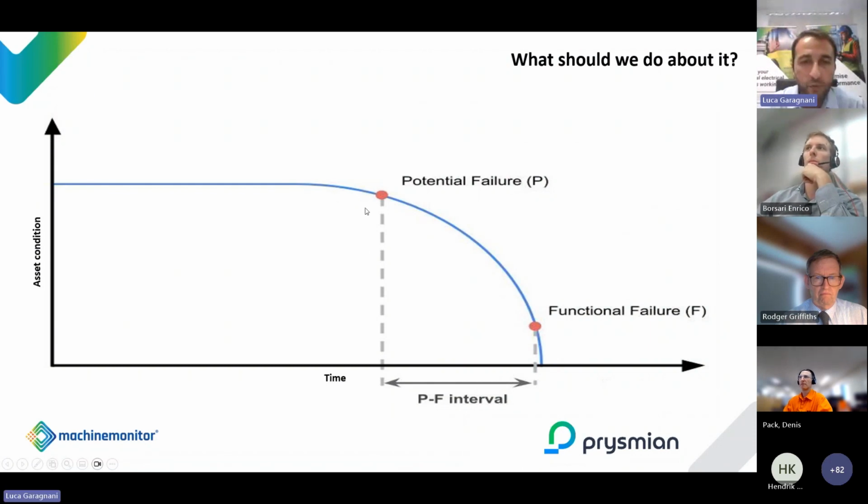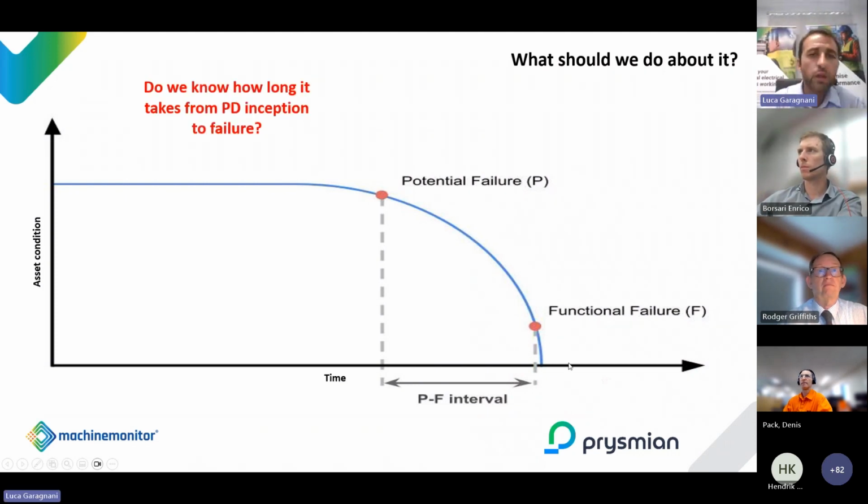Our partial discharge obviously is the potential failure that can be triggered in some conditions. And once we have it, if it's stable in the system, it can eventually fail the system. Again, do we know how long it takes between the inception and the failure? So do we know beforehand how long the PF interval is? No, no one will be able to tell you, right?